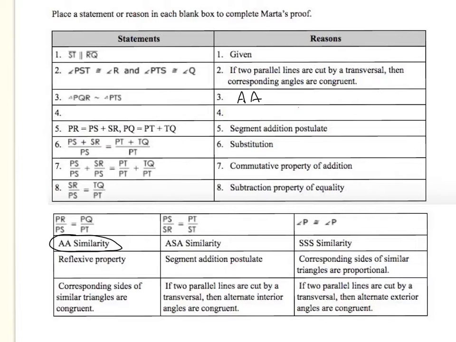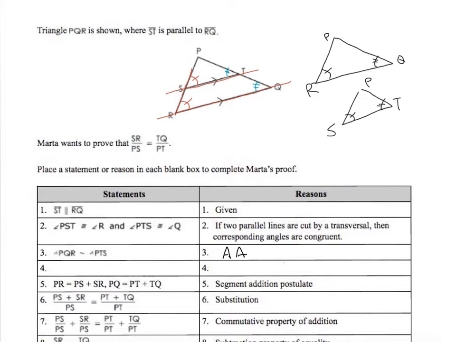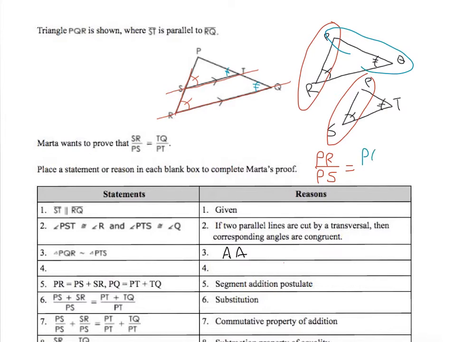Now that we know they're similar, we can say lots of things. But what we're trying to get at is the sides being proportional. I could say really anything is proportional here. If I start looking at proportional statements, PR would be proportional to PS. So I could write PR over PS is the same as, I could pick a different one of the big ones, PQ is proportional to PT.